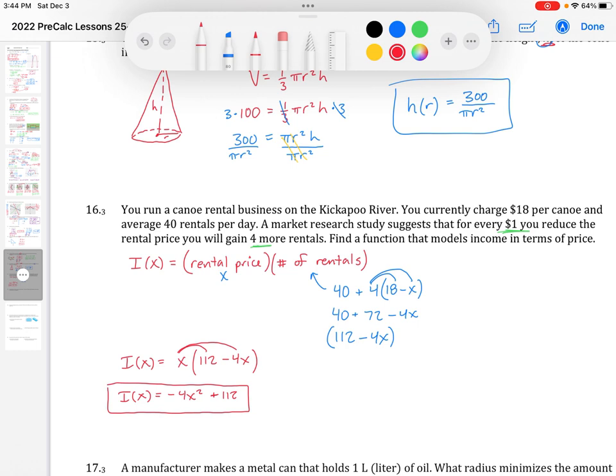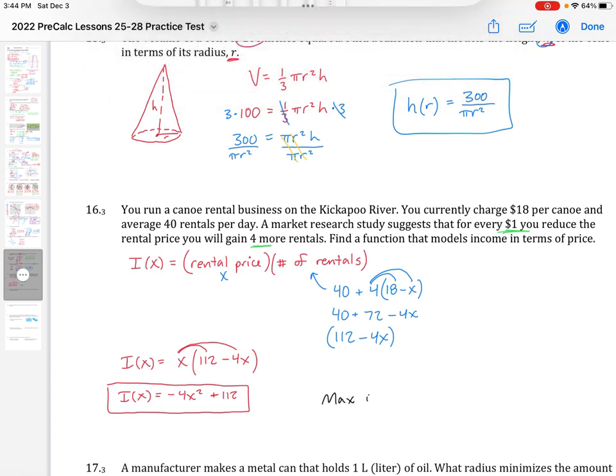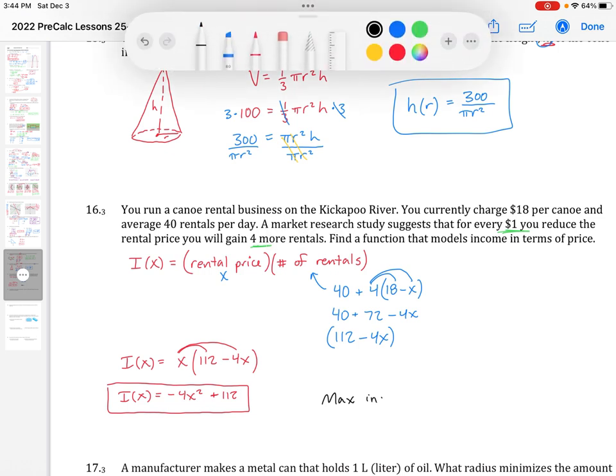Now suppose this problem said find the maximum income. I know it doesn't say this, but maybe it will on the test. So the max income is just going to be finding your vertex.